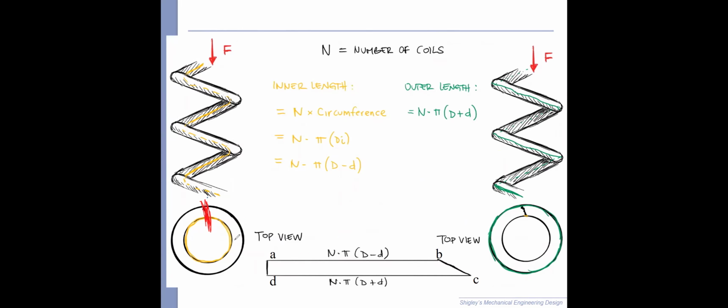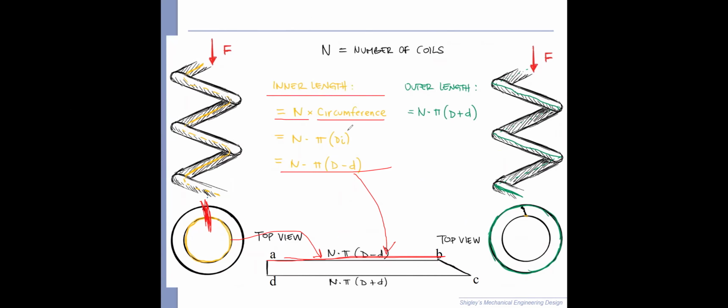So for this inner ring, we get the straight line AB, whose length equals this term. The inner length equals n, the number of coils, times the circumference, and we get the inner length of the spring coil.